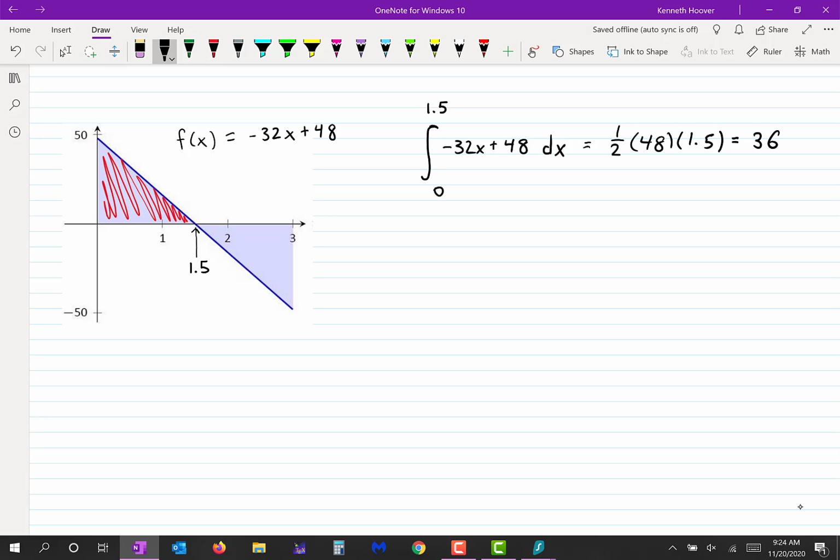Let's integrate from 1 to 1.5. What area would that be? That would be right here.